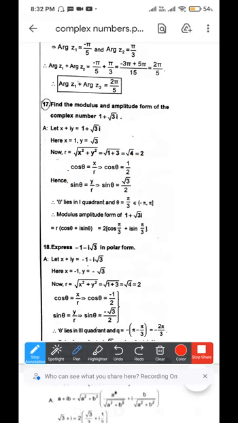Now the modulus form. We got these two values. Now the modulus form is nothing but r into, what is the value of r? The value of r is 2. What is the value of cos theta? Cos pi by 3. Instead of theta, we are substituting pi by 3 because we know from this the value of theta is pi by 3.